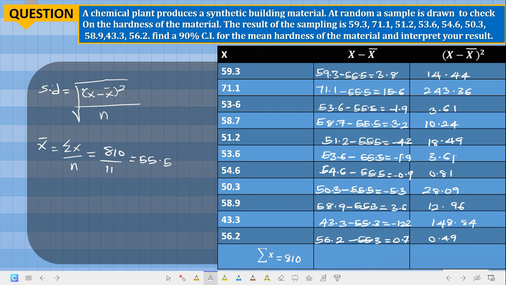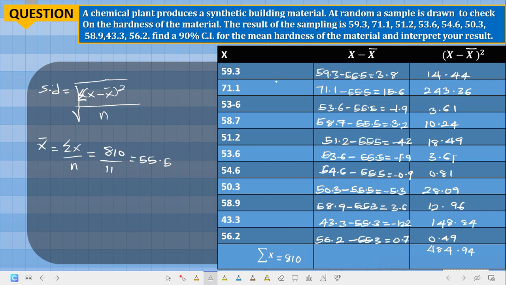Sorry, there's a summation in this formula here. Okay, now we are going to look for the summation. When you look for the summation, it means you should add everything here together. That is the meaning of the summation. Now if you add everything here together, it's going to give us 484.94.